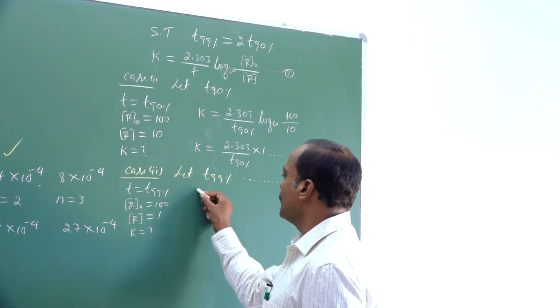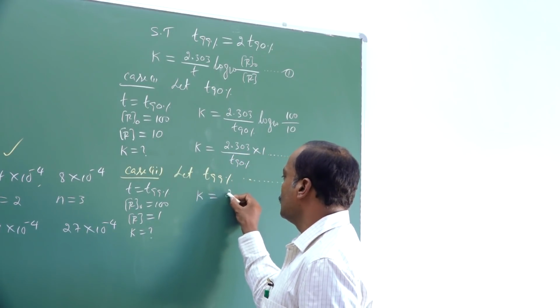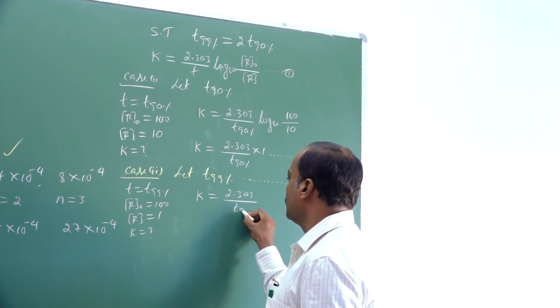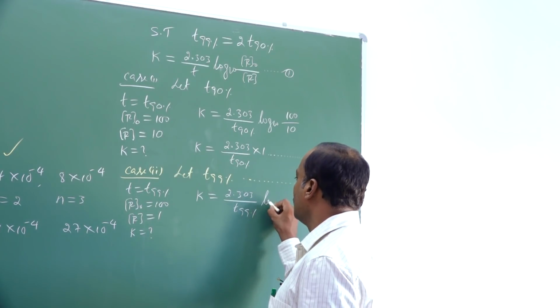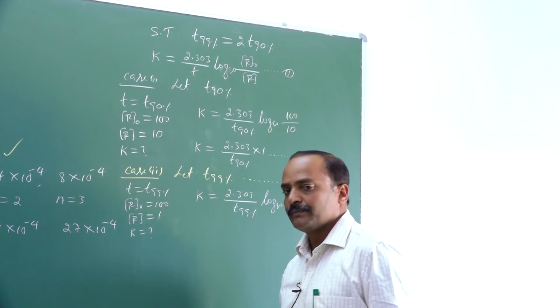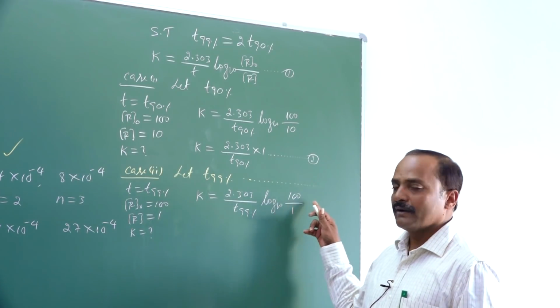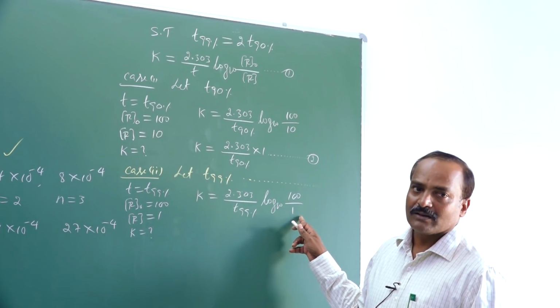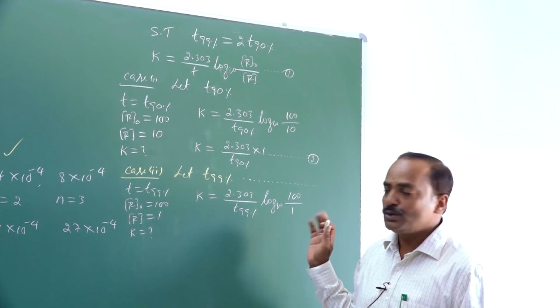Equation 1 becomes k = 2.303 divided by T99% log base 10 of 100 divided by 1, that is log 100. What is the value of log 100? The value of log 100 is 2.